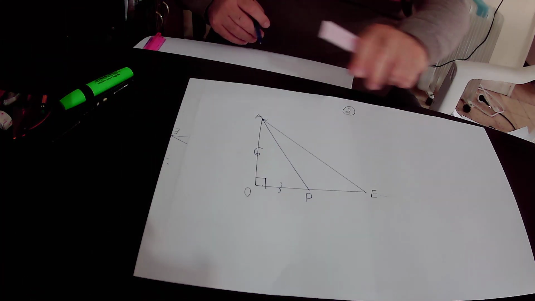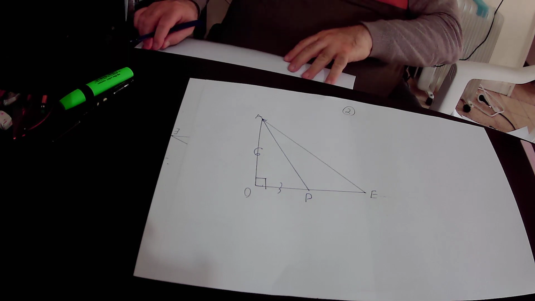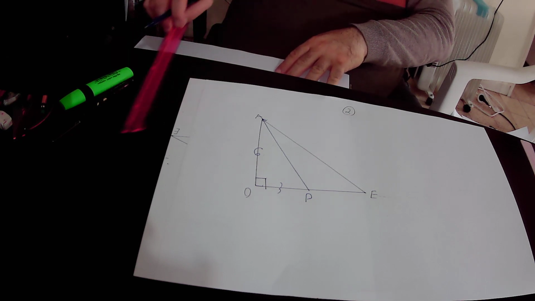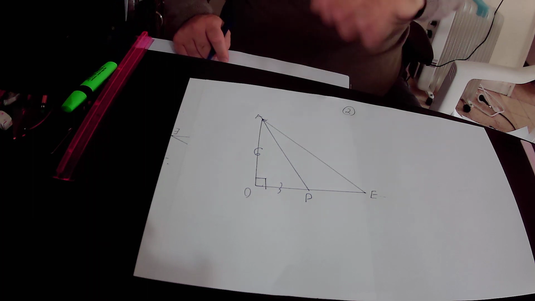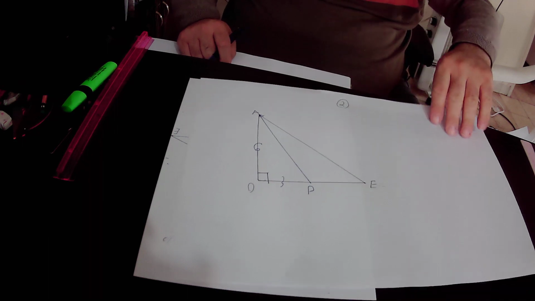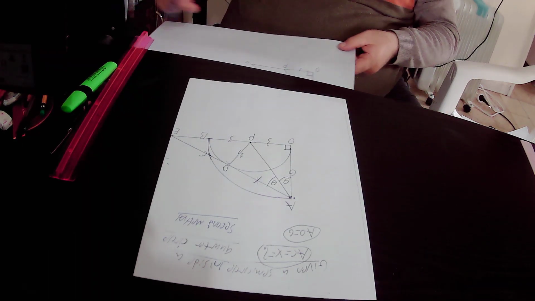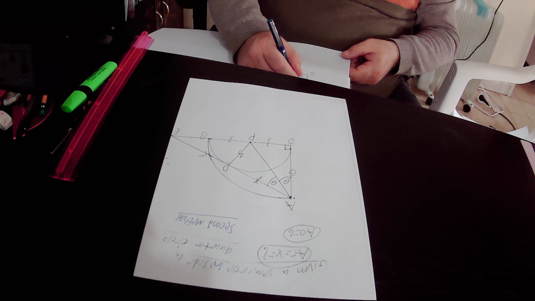So this is the right triangle AOE that I copied from the original drawing. So we will implement the angle bisector theorem on the right triangle AOE, because here AP is the angle bisector of this triangle. Why?